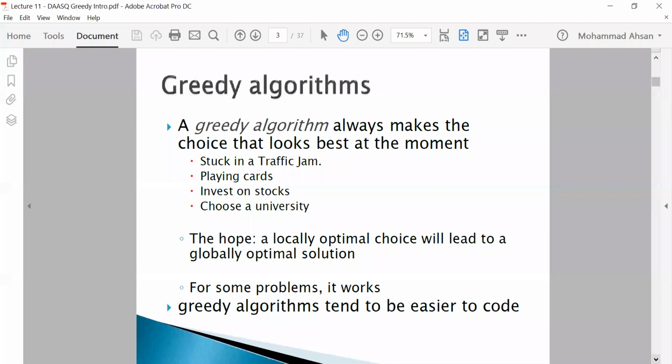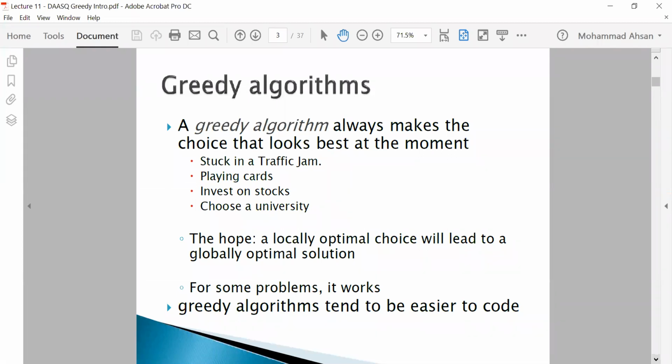Similarly, a university's ranking this year was in the top 10, so you take admission, and next year it is not in the top 50. You do things which seem best at the moment, but you don't know what comes after.